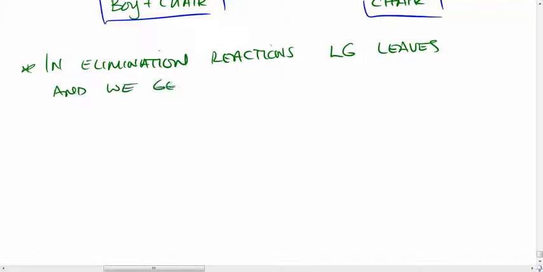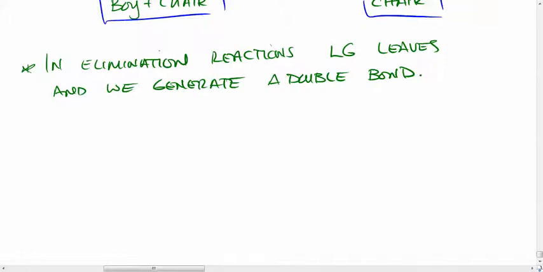And we generate a double bond. Right? So in an elimination reaction, something leaves and we will generate a double bond.